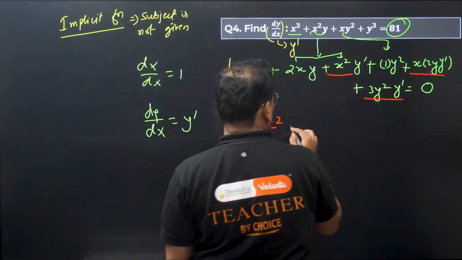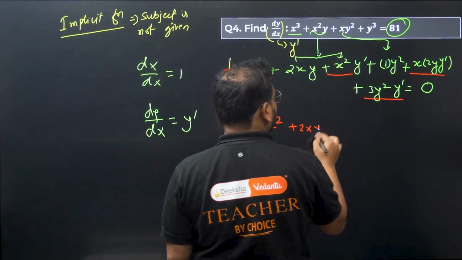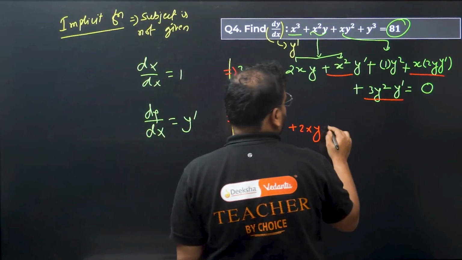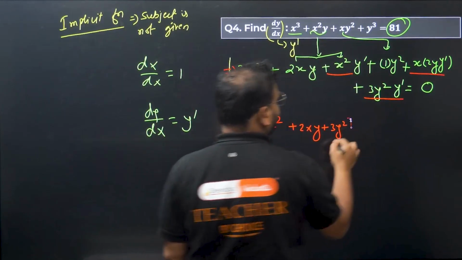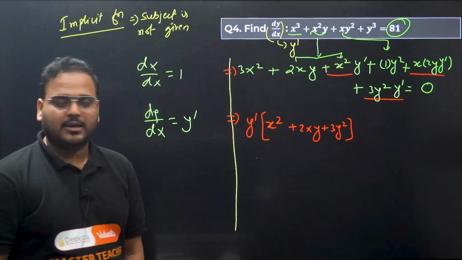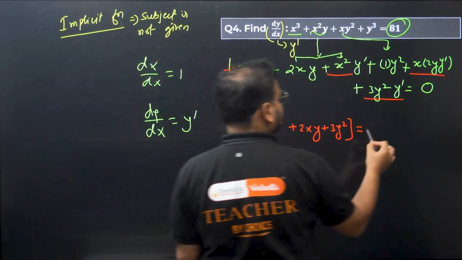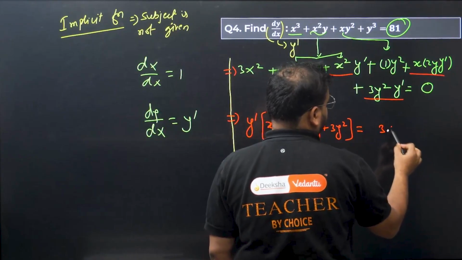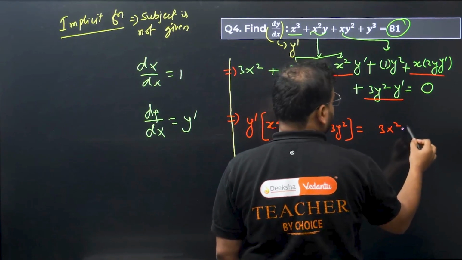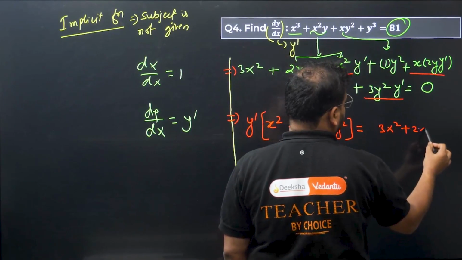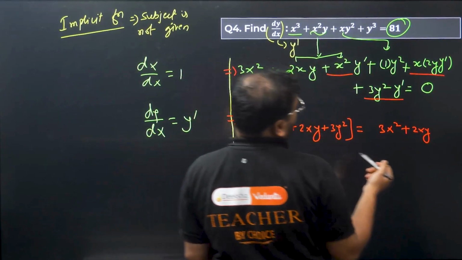In the second, 2xy is left. In the third, 3y square is left. Other terms move to this side and become minus 3x square, minus 2xy and minus y square.